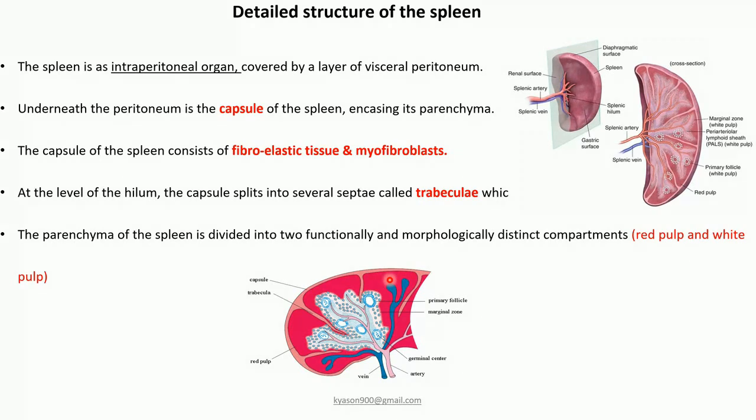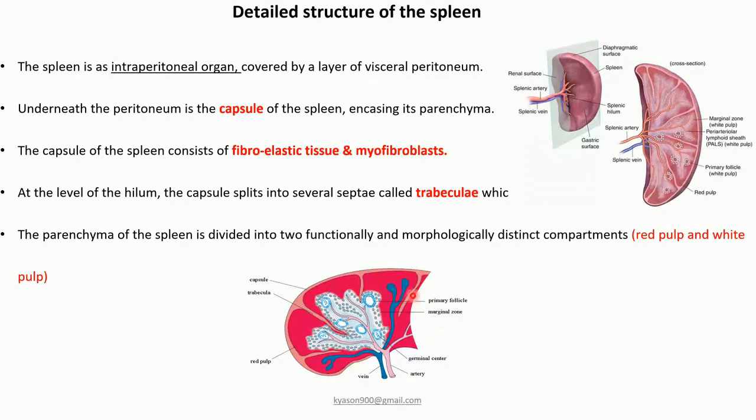So those cells always help in the contraction of the spleen. Then we have the fibroelastic tissue. This is a tissue within the capsule, and it's basically for protective purposes. Your capsule, you can see, has extensions into the substance of the spleen.